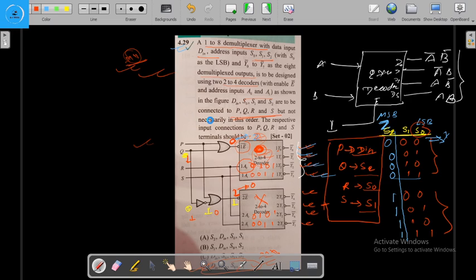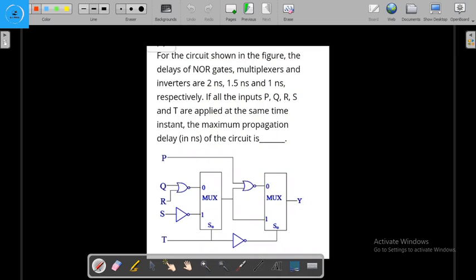Now let's move to our last question of the day. This is our fifth question, question number 5. It's given in the question that for the circuit shown in the figure, the NOR gate delay is 2 nanosecond.